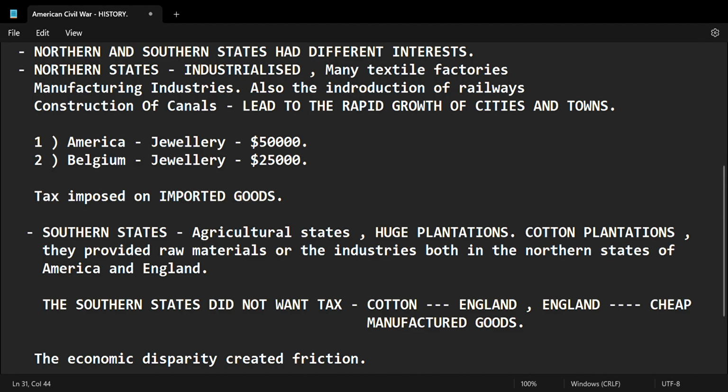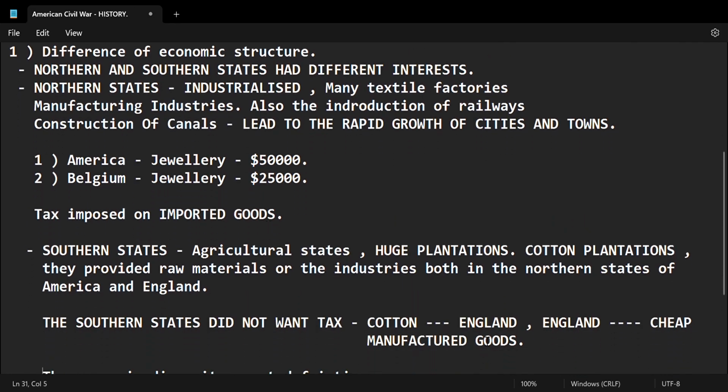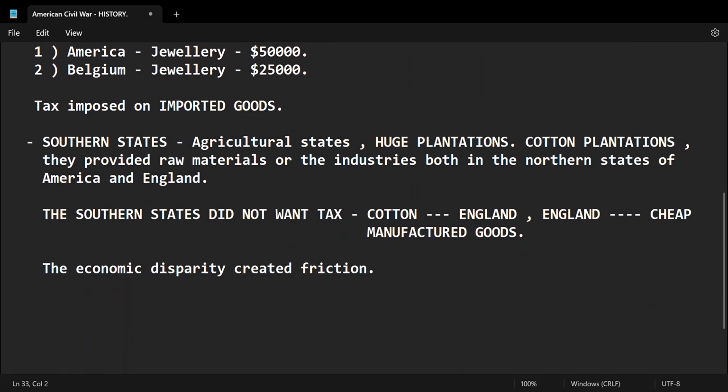Sometimes you fight with your siblings, like that. Okay. Now, this economic disparity created friction. But this is not the only thing. There is another thing which is the main reason the war had begun. Why? How? What is that reason? That is the problem of slavery.